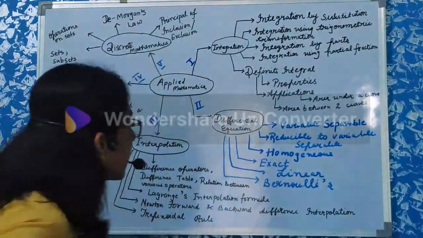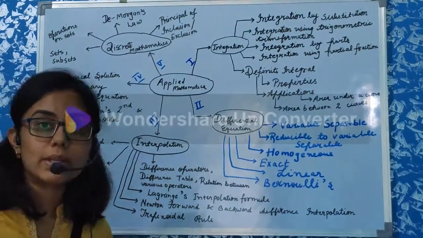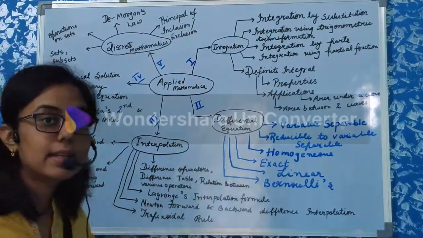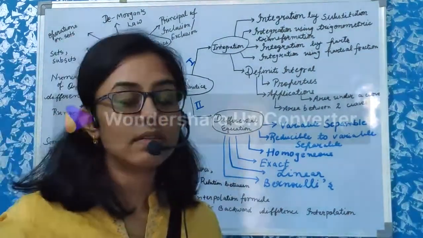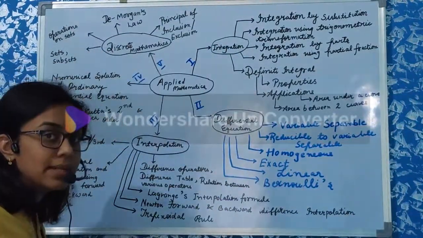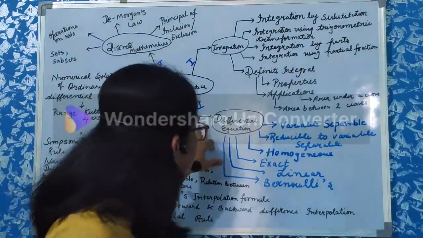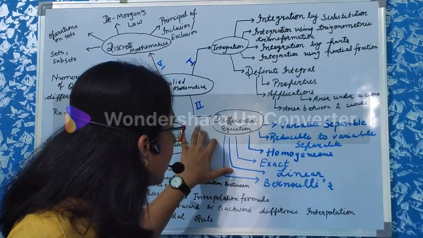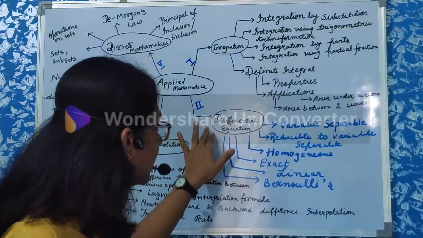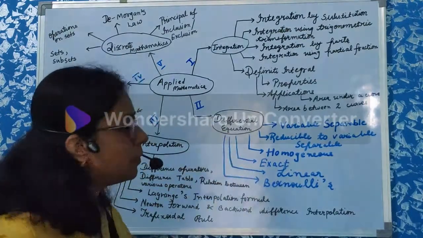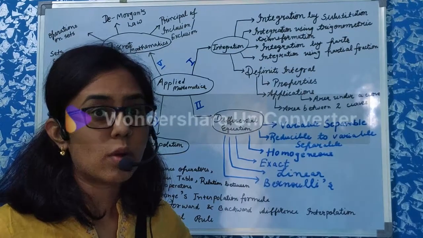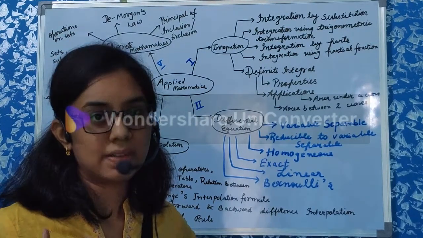Second unit is differential equation. Now, differential equation is basically any equation which consists of derivatives as individual elements in it. So, in differential equation, there are these methods to solve a differential equation. When we start differential equation, we'll be learning order and degree of a differential equation.